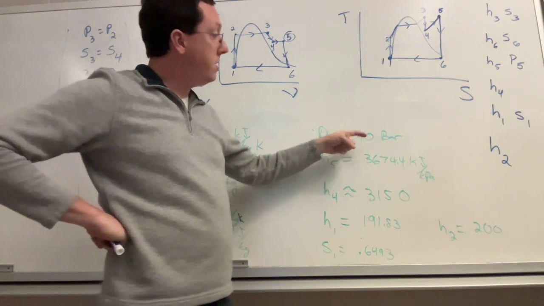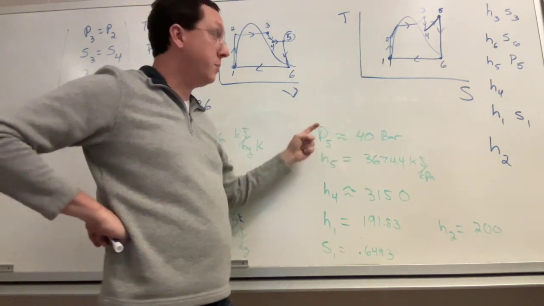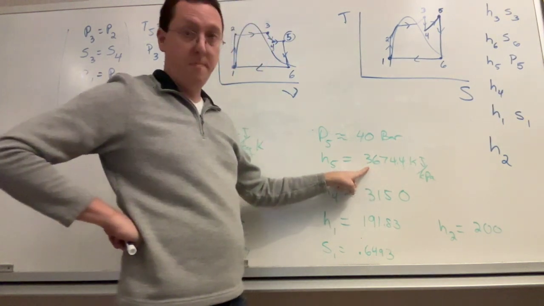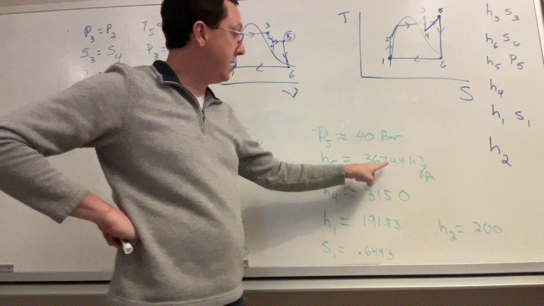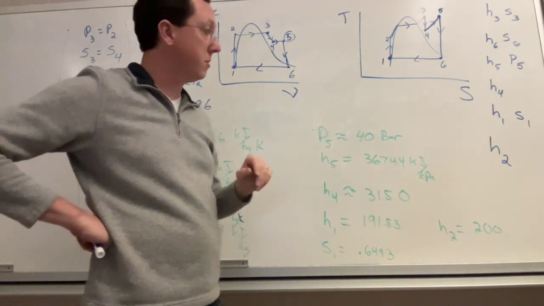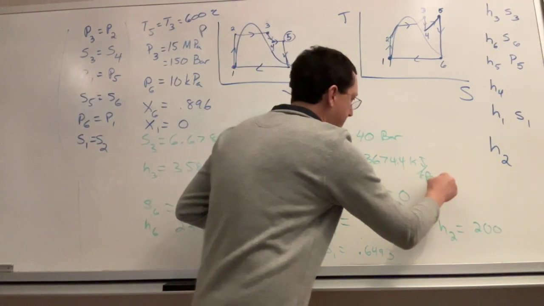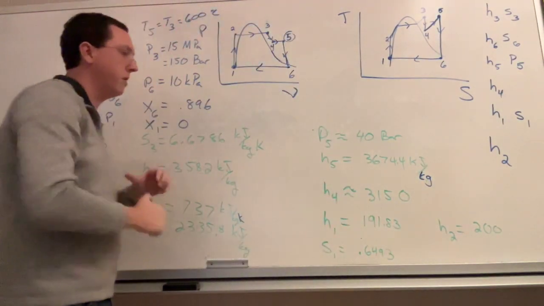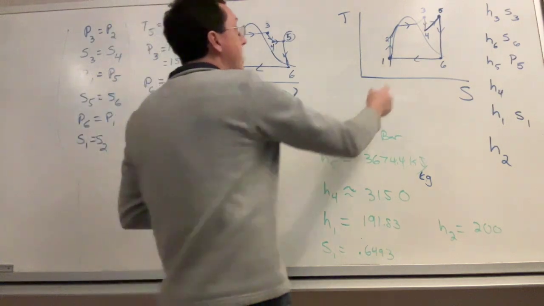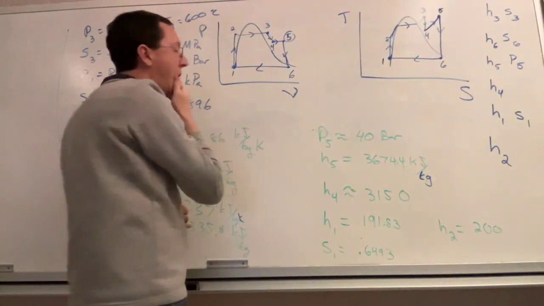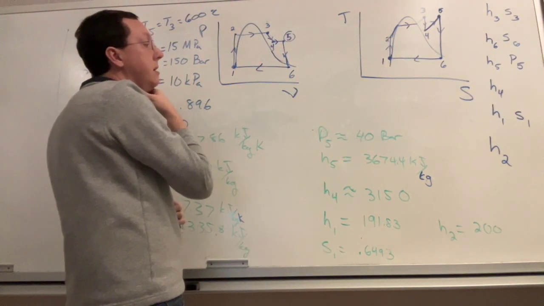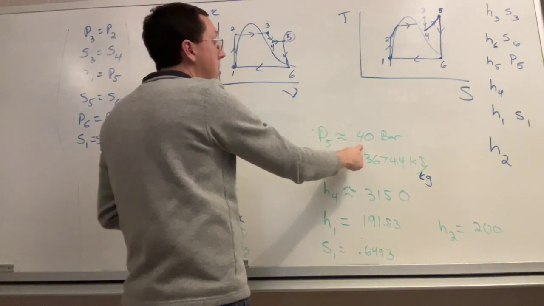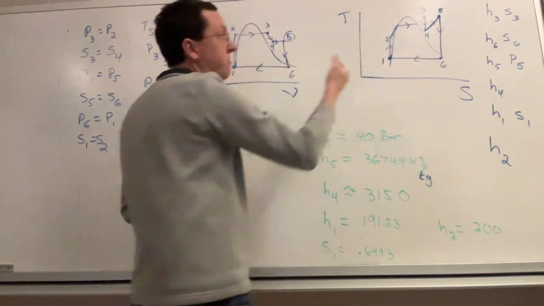Once you know that it's at 40 bar and the temperature is 600 degrees Celsius, you can just read off the enthalpy, and we found 3674.4 kilojoules per kilogram. Okay, so that gets us the enthalpy at 5. And we know the pressure at 5 is 40 bar. But the pressure at 5 is the same as the pressure at state 4.